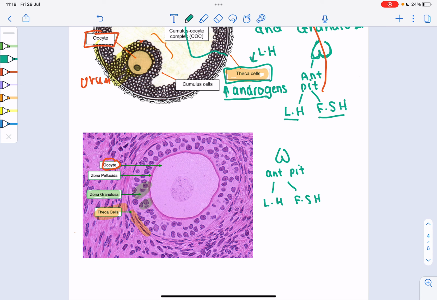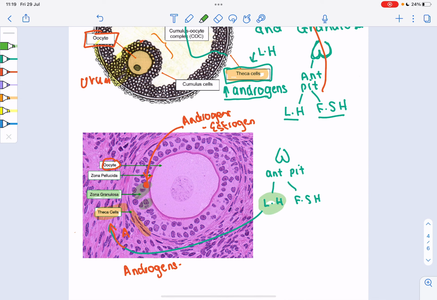LH goes and acts on your theca cell, and it causes the theca cells to release more androgens. Then these androgens go to your granulosa cells, and here these androgens get converted into estrogen. But the driving force for the theca cells to start to produce the androgen is the luteinizing hormone.